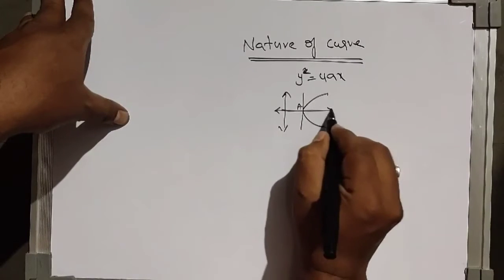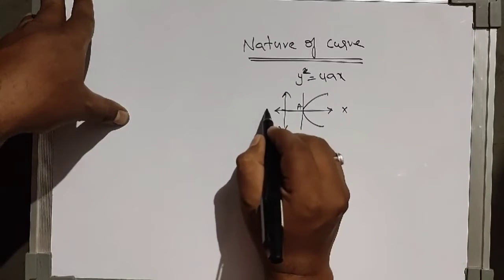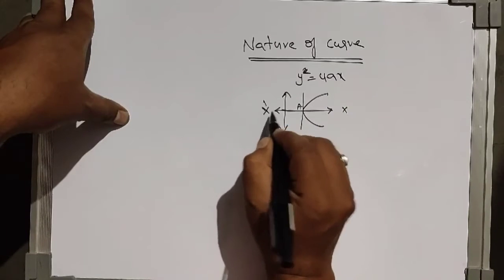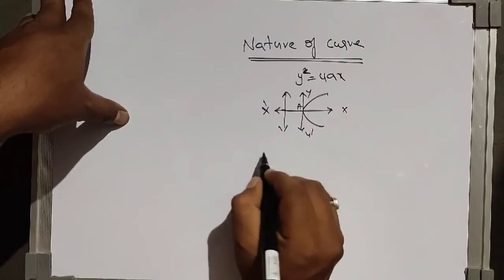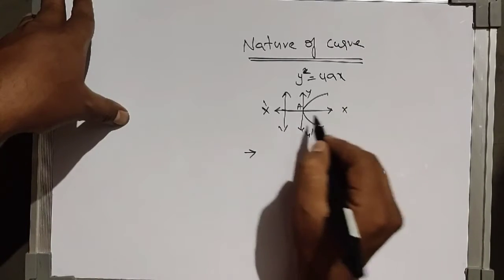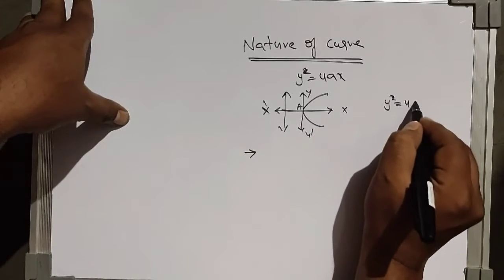This is the x-axis, which is the axis of the parabola also, x dash, and this is the y-axis, y dash. If you observe here, y square is equal to 4ax.